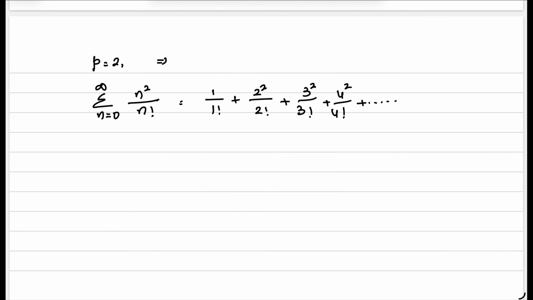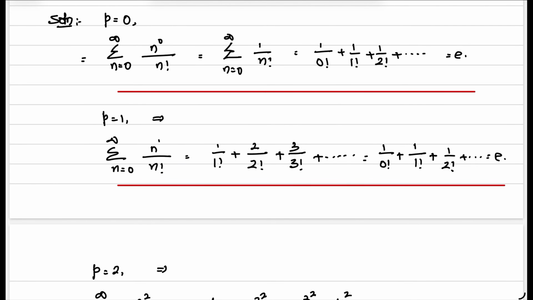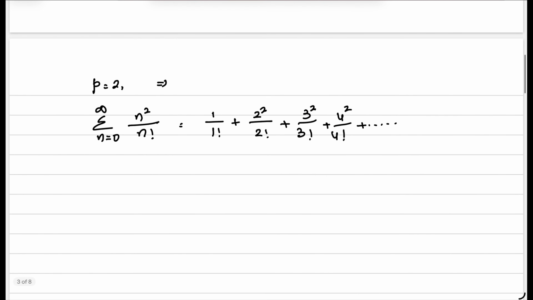And as we know, for P is equal to 0, the value is E. For P is equal to 1, the value is E. And this sum, let us say S0. This sum, let us say S1. This sum, let us say S2.